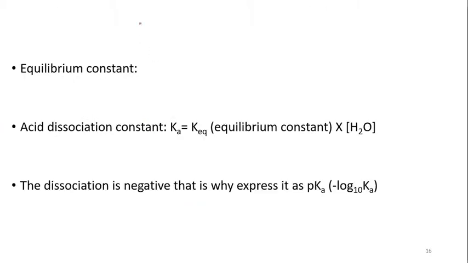Let's assume a general reaction between an acid and water to give me the hydronium ion, and the acid will be deprotonated. Now my equilibrium constant would be my products over my reactants.